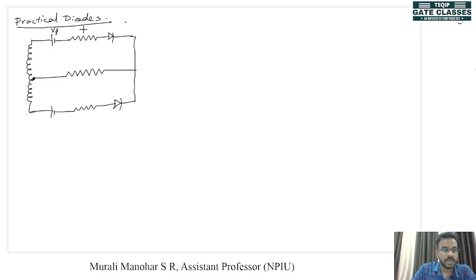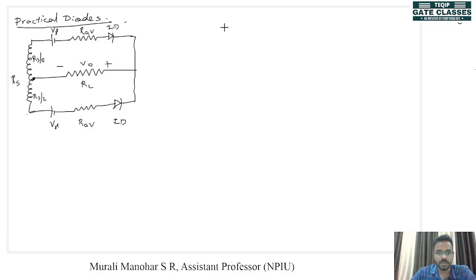So here we have V gamma, RAV, ideal diode. Here also V gamma, RAV, ideal diode. This is our load resistance, our V out. So unlike the previous case, we are also introducing the source resistance, which is RS, which is the resistance of this entire secondary winding. So each half will have a resistance RS by 2.